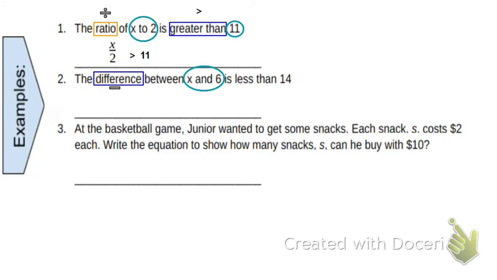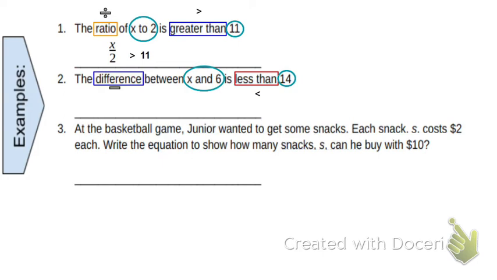Next, I see another keyword, which is less than. This sign is going to have the smaller end in the front, and right behind it we have our total value here that we're comparing with. So we circle that as well. So now we're going to do the difference between x and 6 is less than 14.